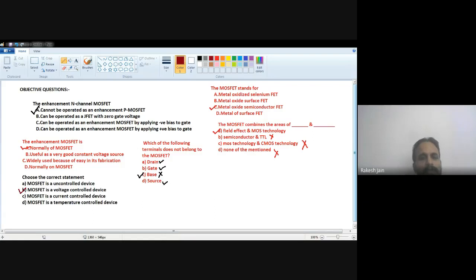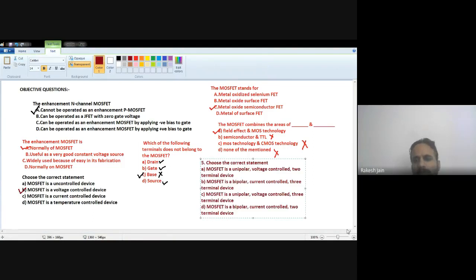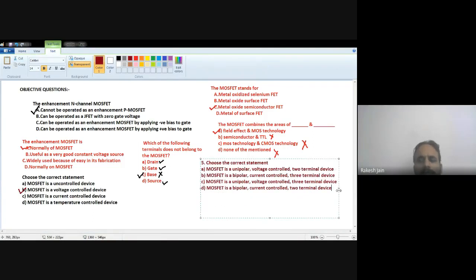Now the next is, which one is the correct statement? The typical statement is written, so you should see which one is the correct statement. Now see very carefully. BJT was the bipolar junction transistor, but FET is a unipolar device. A single PN semiconductor is there.